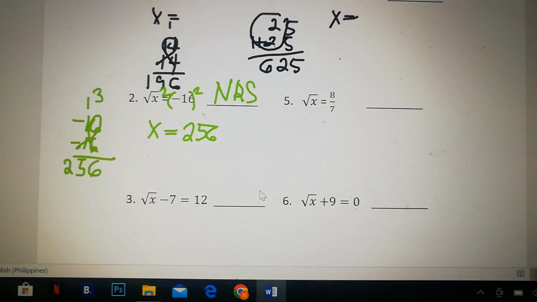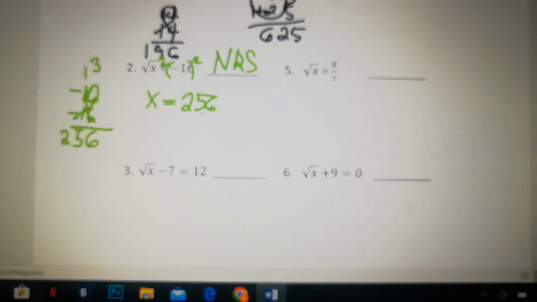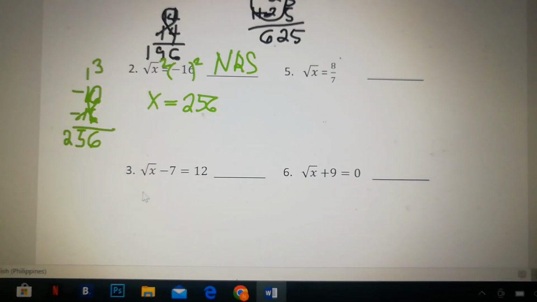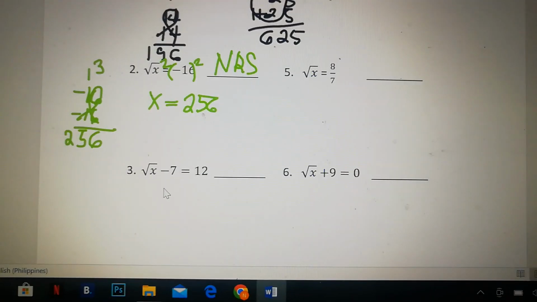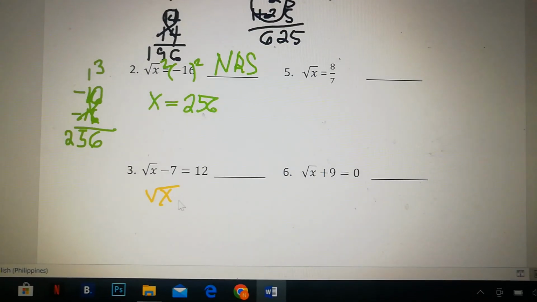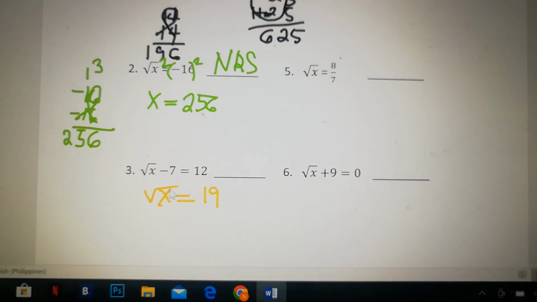Next, number 3. Square root of x minus 7 equal to 12. So square root of x is equal to 12 plus 7 equal to 19. So square both sides of the equation.